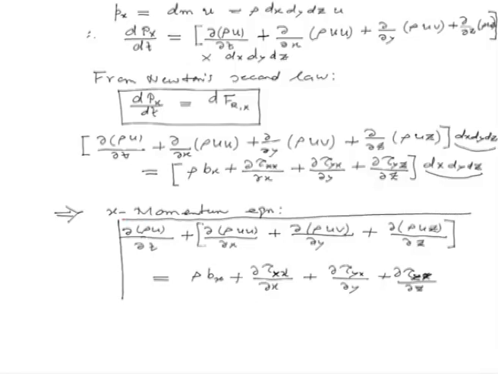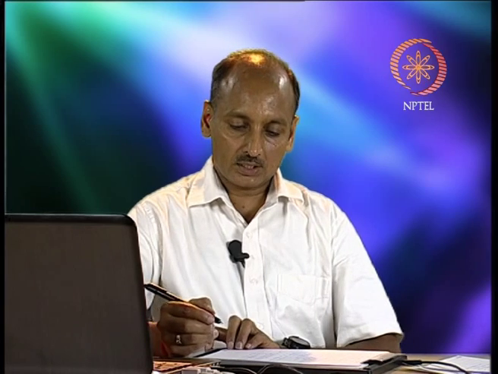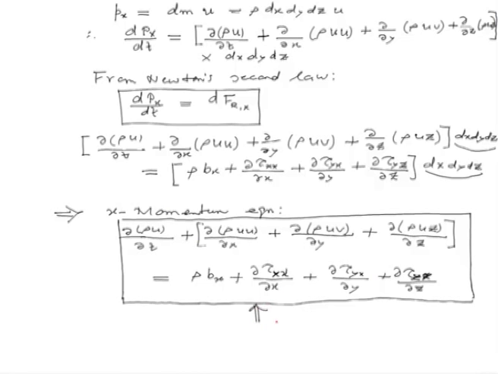And this is precisely the expanded form of Cauchy's equation in x direction. So, this is our Cauchy's equation in conservative form.